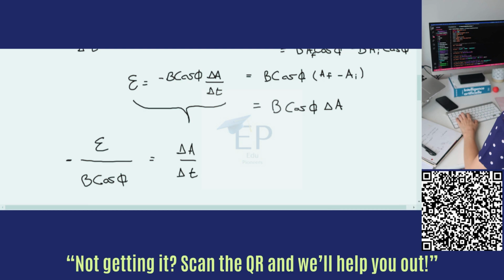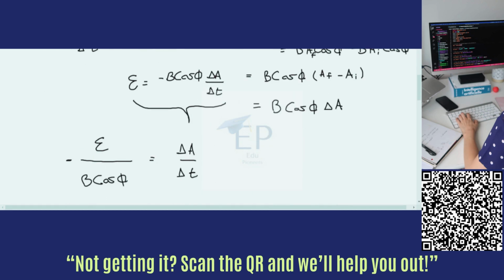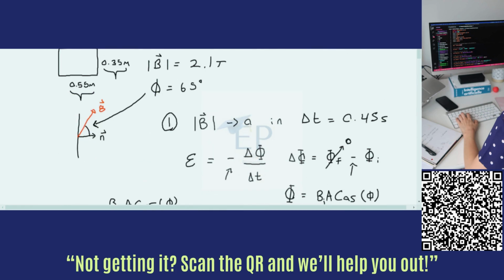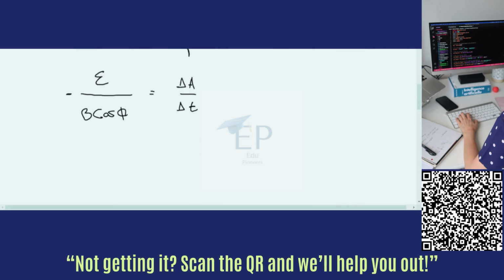Okay. So we have the EMF we're trying to induce. It is 0.38 volts. We have the strength of the field being 2.1 Tesla, and we have phi being 65 degrees.